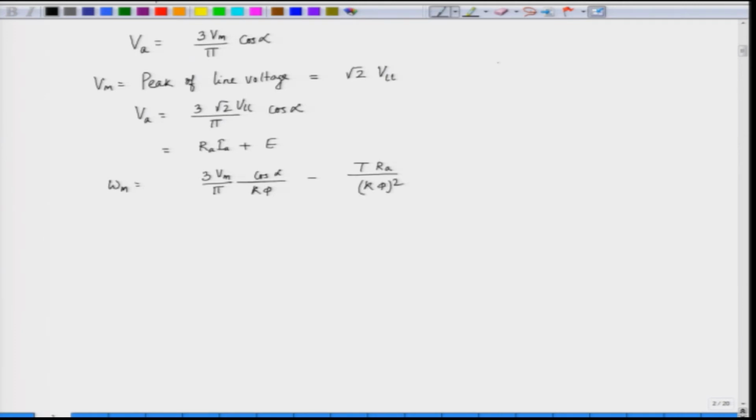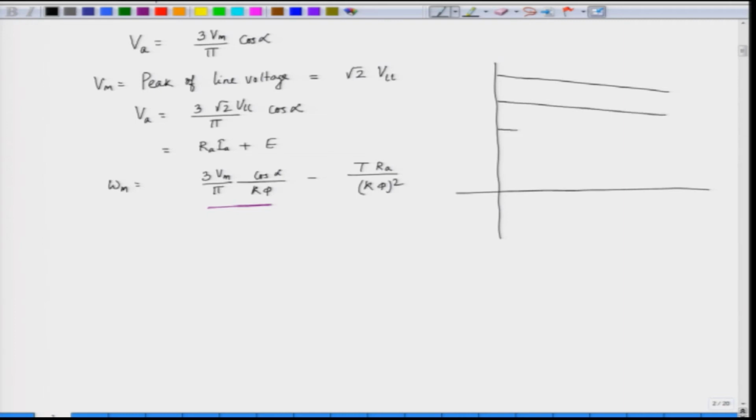Now, when we plot this speed torque characteristic, the no load speed is given by this value. Here alpha can be variable, from 0 to 180, so there is a possibility of this becoming negative as well. This is the torque speed characteristic for a fully controlled converter.